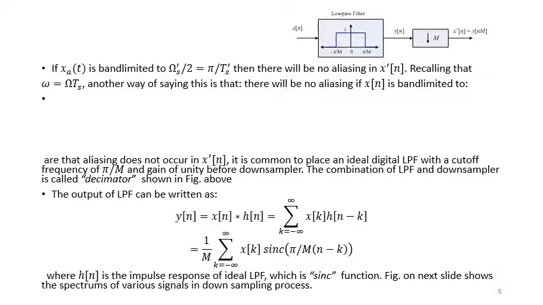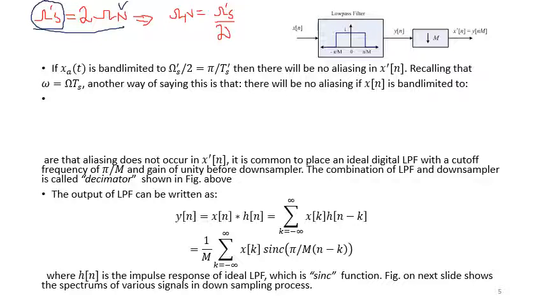So let's calculate. Let's assume that the input signal contains the highest frequency omega n, and 2 times omega n equals omega s prime, which is the sampling frequency, right?